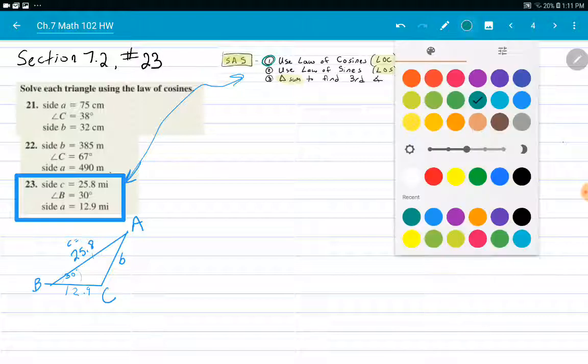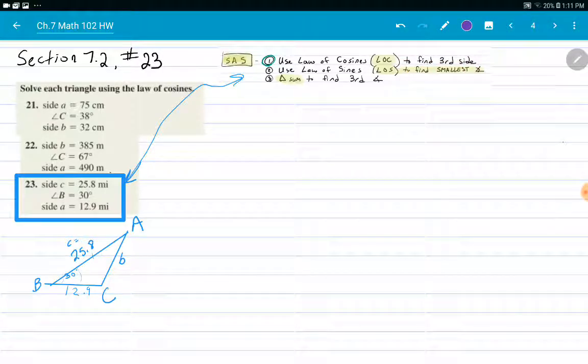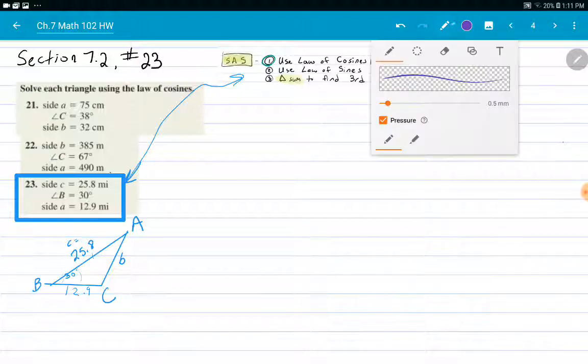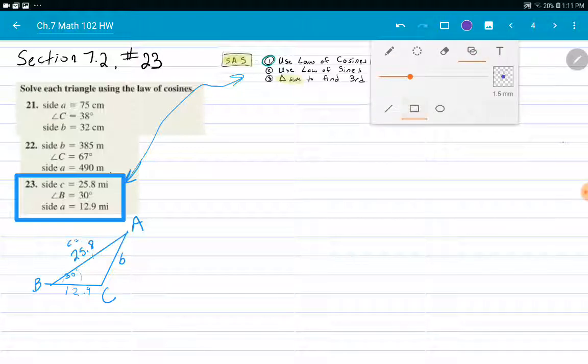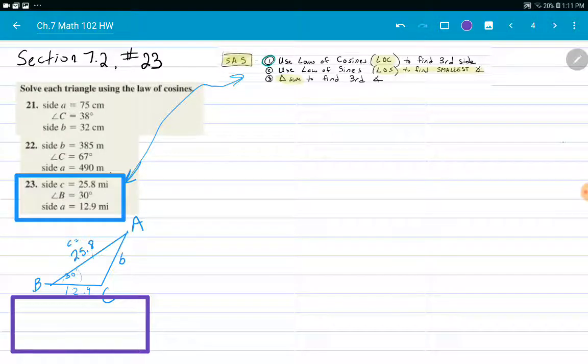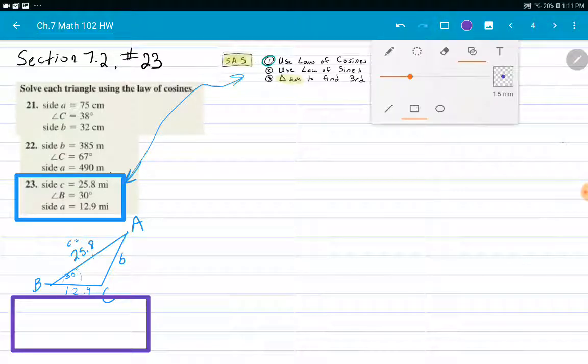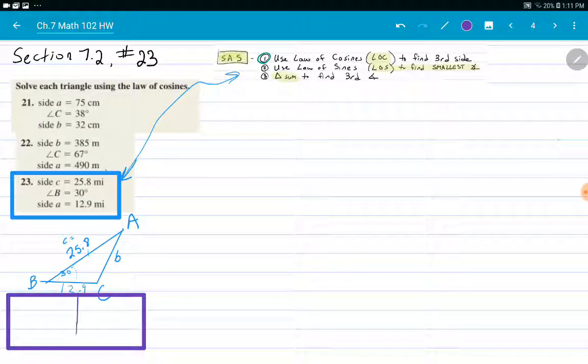Actually, before I get started, I like to start with setting up a solution box. This does a couple things.